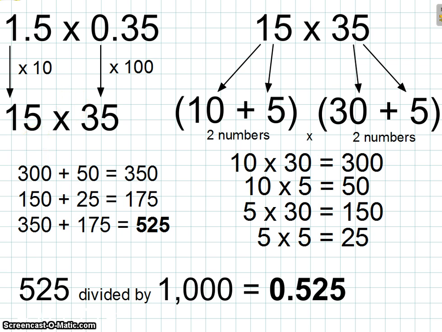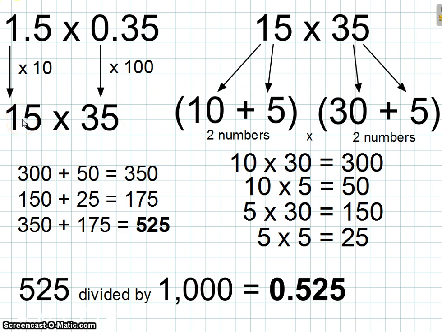So when you have a multiplication question which involves decimal numbers, the first thing we could do is rewrite them so it only involves whole numbers.